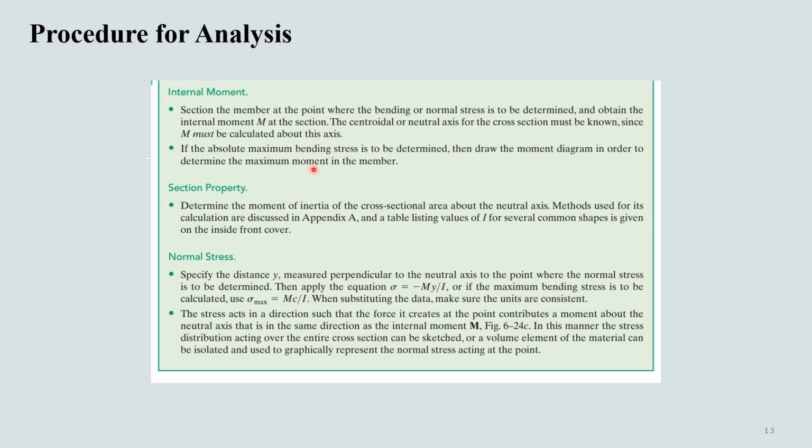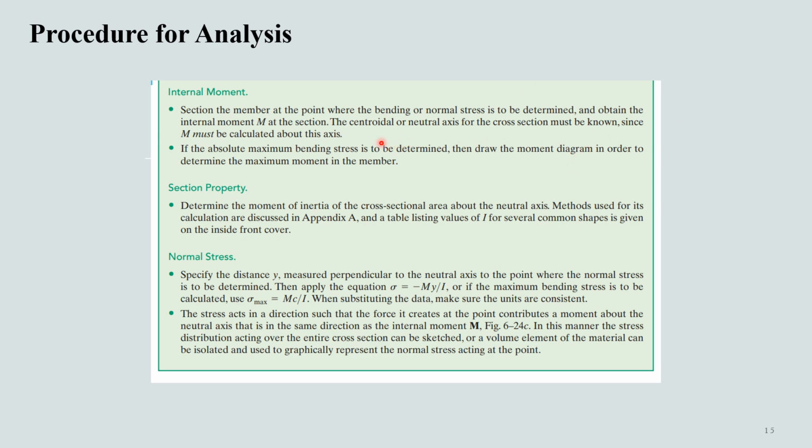To apply the flexural formula, the following procedure is suggested. First of all, you must determine the internal moment at the section where you want to find the stress. For a simply supported beam, the maximum stress will be at the center point of the beam.